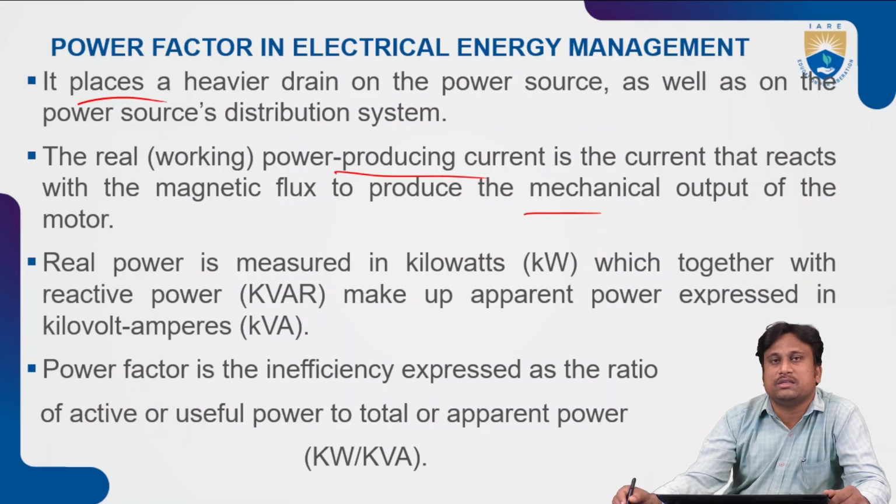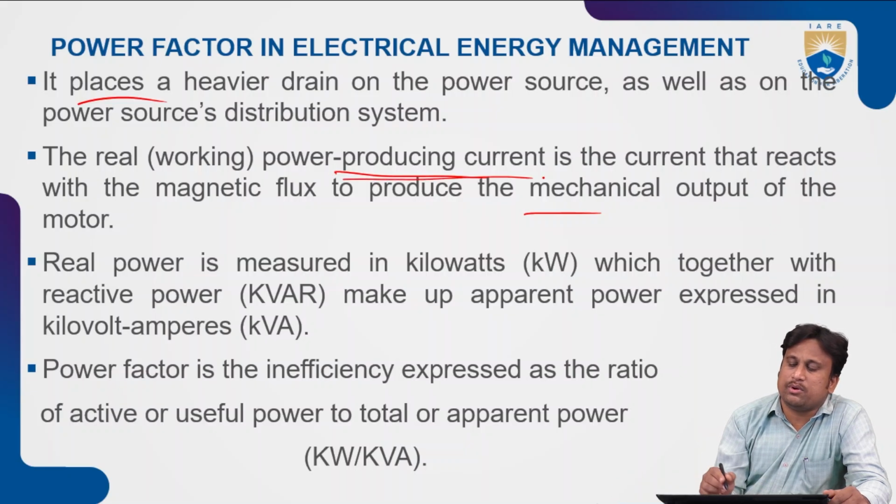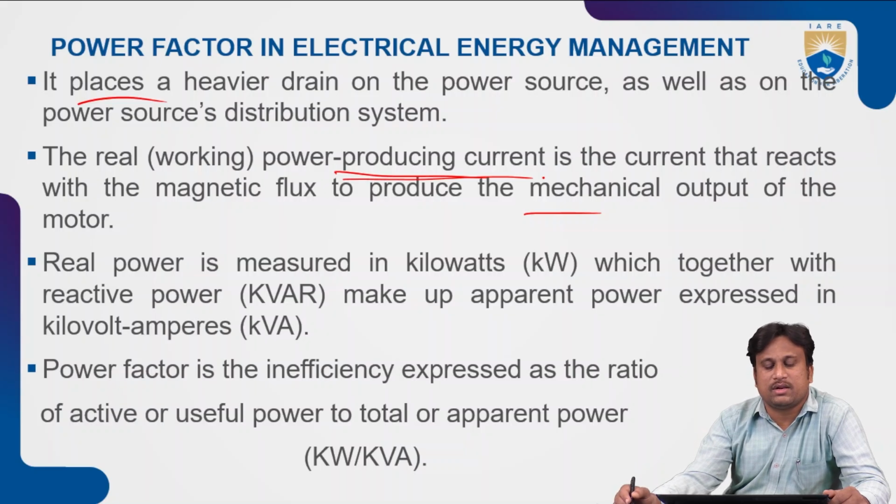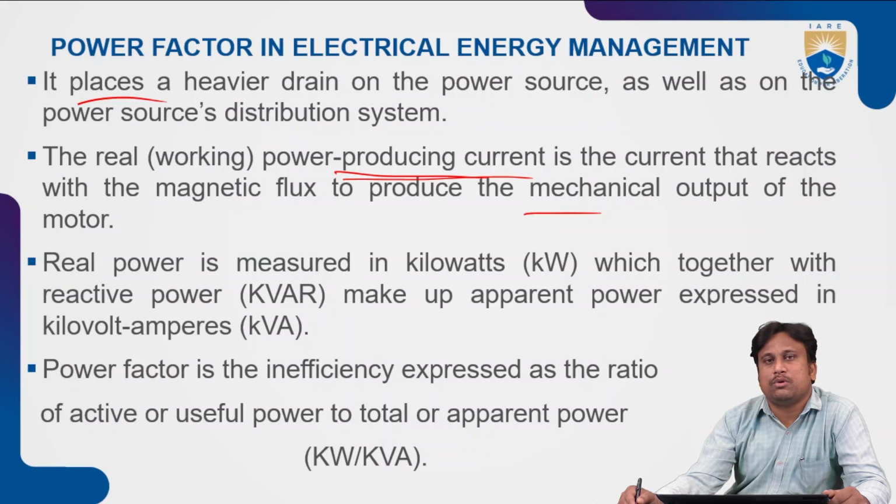So usually we have two combinations, real and reactive power. Real power is useful to run the system, and reactive power is to make the magnetic field over the machines of inductive nature. Real power producing current is the current that will react with the magnetic flux to produce the mechanical output of the motor.